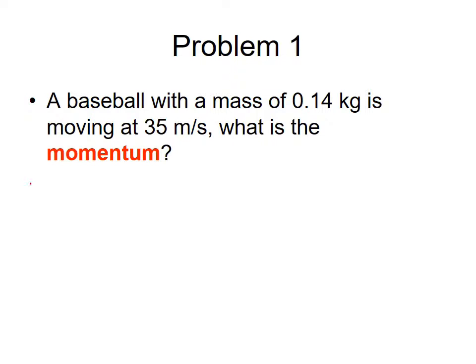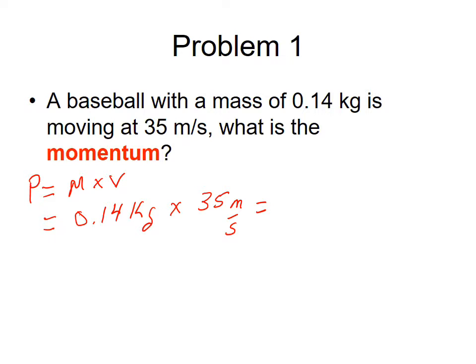So we have momentum, which is P, is equal to the mass of the object times its velocity. Mass has to be measured in kilograms, which it is in the problem, so that's 0.14 kilograms times the velocity, which is 35 meters per second.